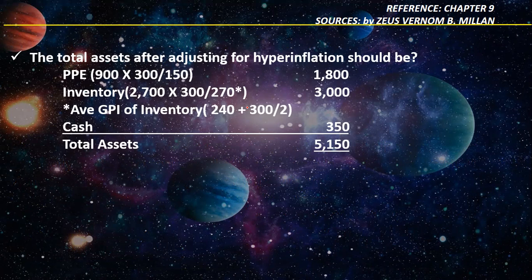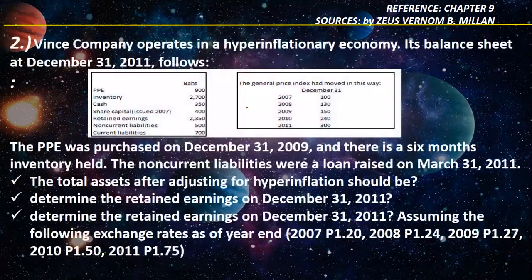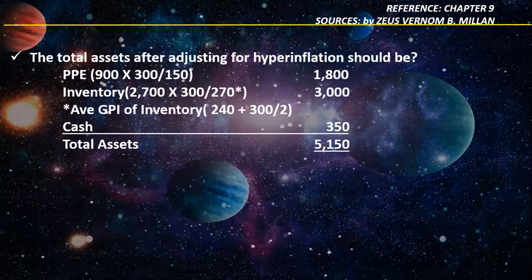We have 900 times, of course, yung numerator natin is the current GPI. Alright. Anong current GPI? 2011, yung reporting date. So, reporting date is 2011, the current is 300. So, we use the 300 over 150.